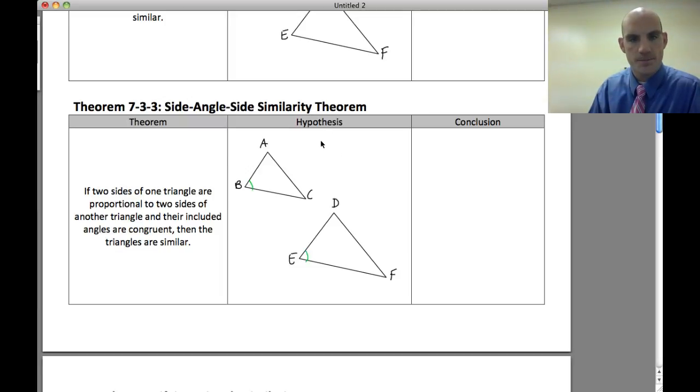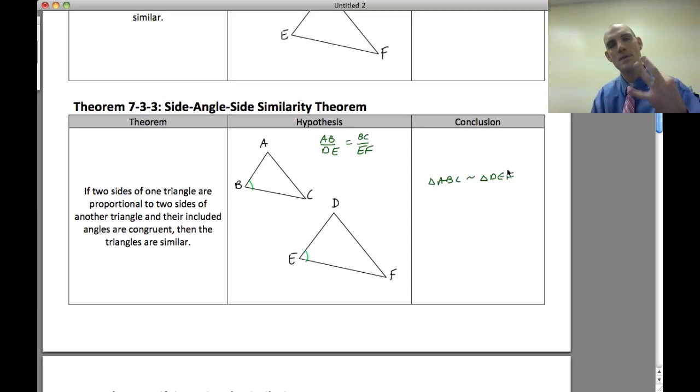The other thing is this. If I know that I have a side, AB over DE, and it's proportional to another side, and the angle between them is congruent, so I have a side, an angle, and a side: AB is proportional to DE, BC is proportional to EF, and the angle between them, the included angle, is congruent, then my conclusion is that triangle ABC is similar to triangle DEF.